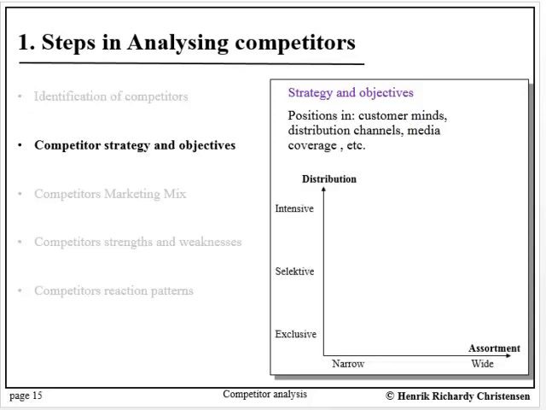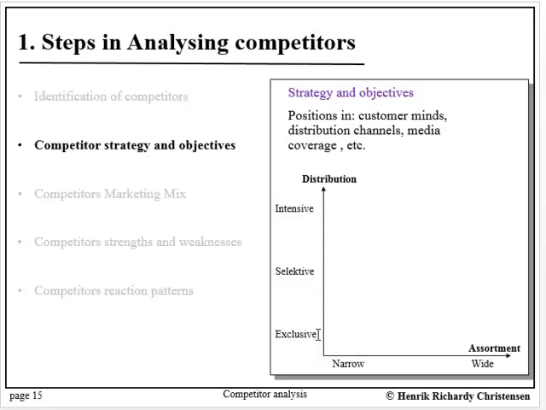Let's take a little example. As you can see in this figure, we have distribution, which can be intensive, and intensive distribution means that we are trying to distribute our product to all the different outlets possible, because we expect that customers would like easy access to our product. At the other end, we have exclusive distribution.